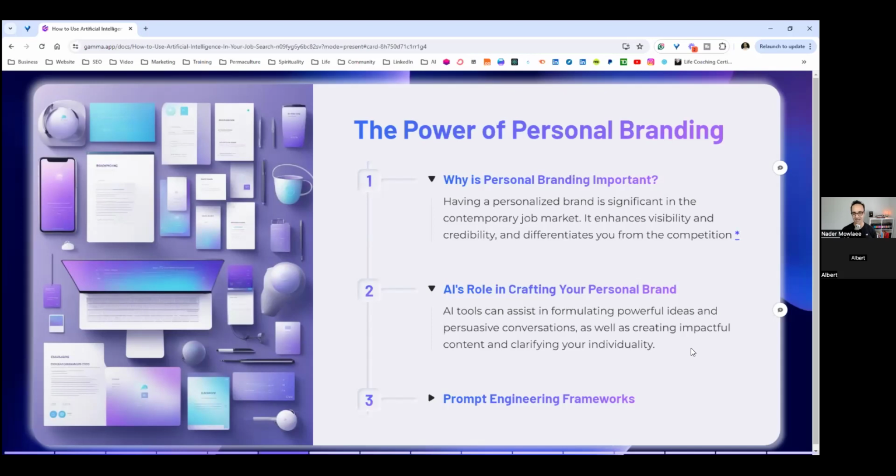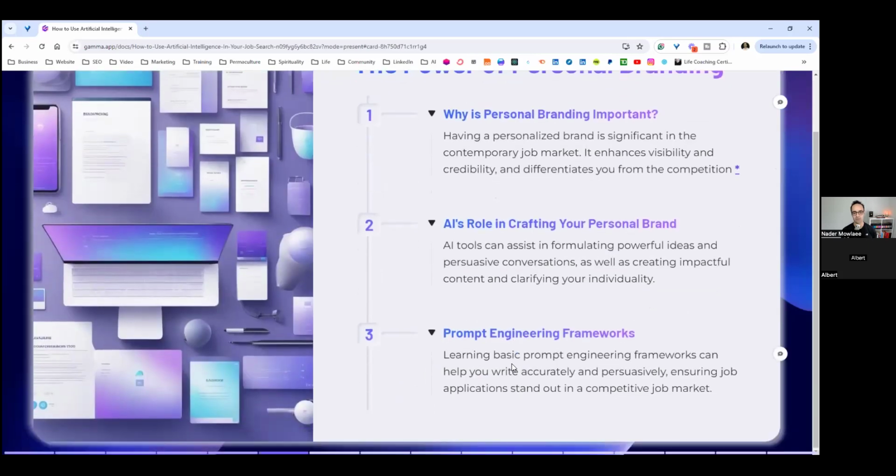There's an AI app for that, and we're going to go through prompting more in depth today, which takes me to the last part: going through prompt engineering frameworks. Ultimately, I introduce you to them. We'll go through some basics. We'll cover mission statements completely. We'll cover how to write cover letters completely, A to Z. I'll give you an example.